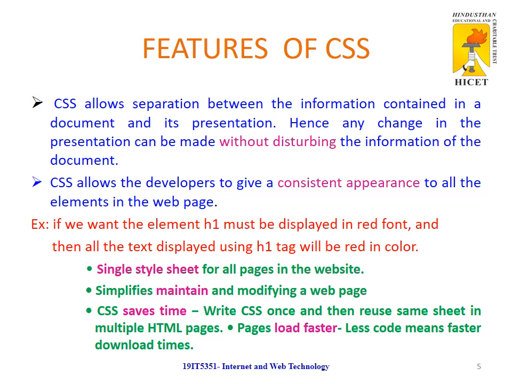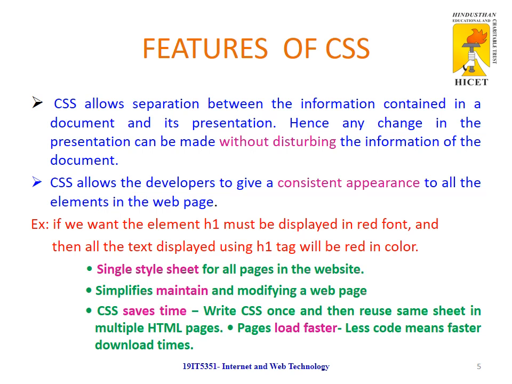The next topic is the features of Cascading Style Sheet. It provides separation between the information and the presentation, so there will be no disturbance between them. It allows developers to provide a consistent appearance to all the elements in the web page.